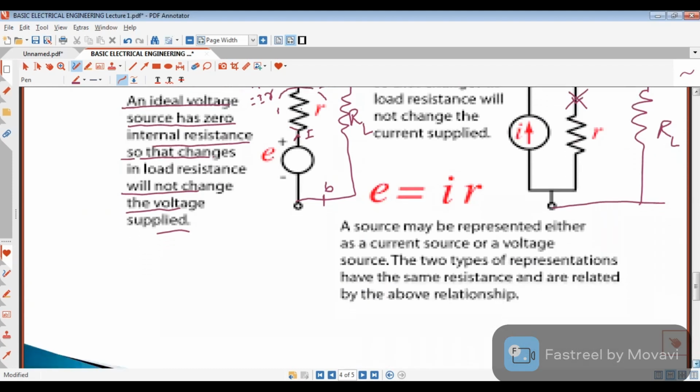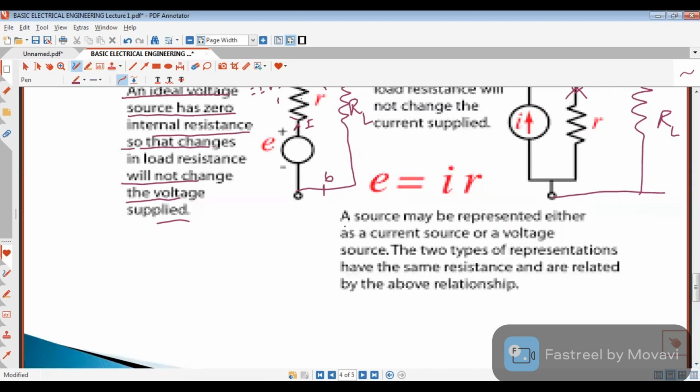Now a source may be represented either as a current source or a voltage source. Both have the same meaning. The two types of representation have the same resistance and are related by the above relation.